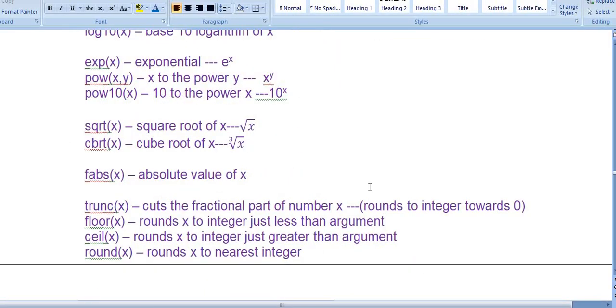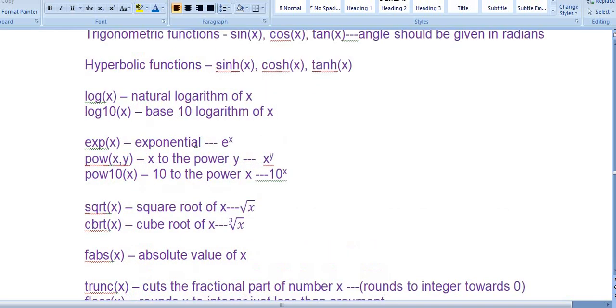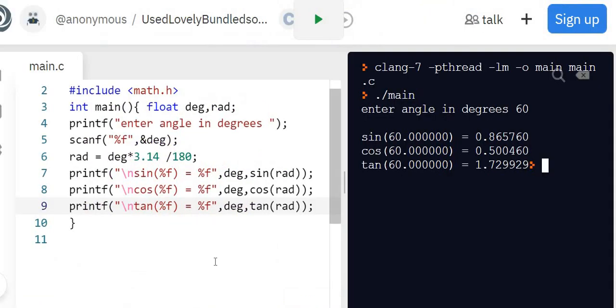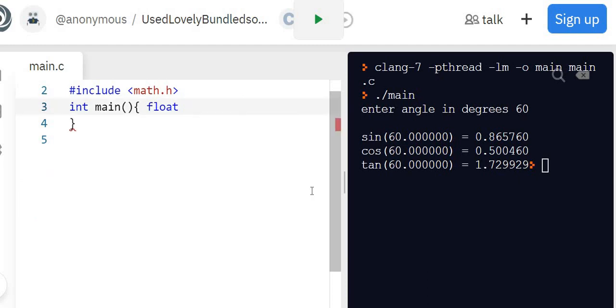Then the next functions are logarithmic, log x, log10 x, exponential, power. Those we will see. So the functions are very simple. They just give the log of x. So let's take the value, float x, from the user.